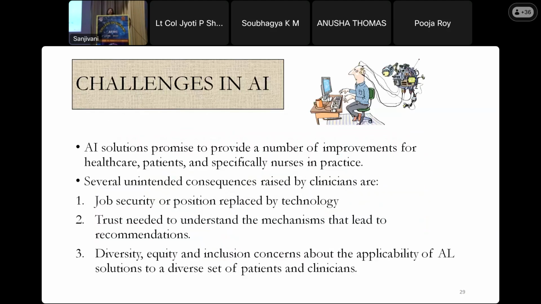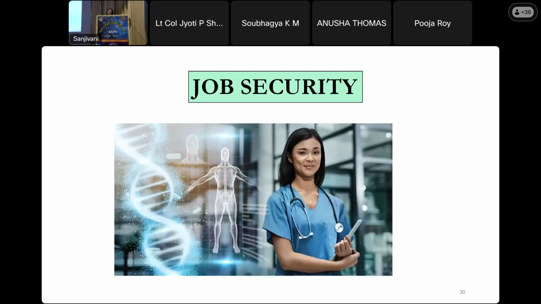Now, there are a lot of challenges in AI, and these have already been spoken about. The first challenge we're going to talk about is job insecurity. I remember one of my students asked me, as I was going for this session, "Ma'am, when you're going there, please find out, are these robots going to replace us?" I said, don't worry, such things are not going to happen. It's a long way before they take our place.